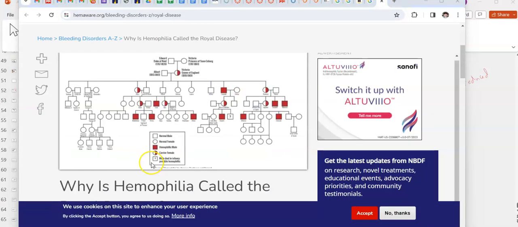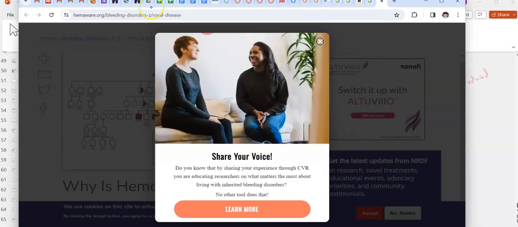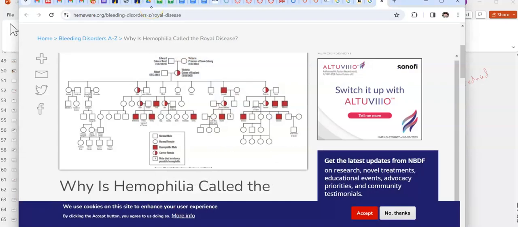I'll just pause this. Okay, so this is the pedigree of the British royal family. Let's see if I can zoom in on this a little bit. This is Queen Victoria.